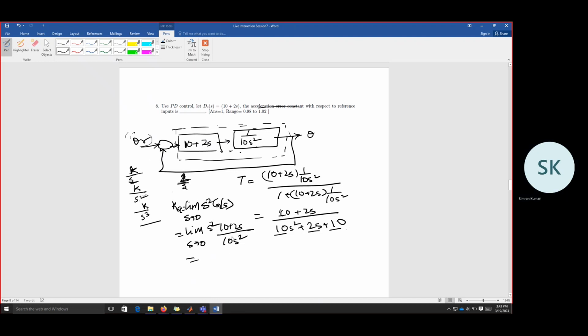So what would it be? This s² cancels and you get (10 + 2s)/10, so if you take the limit, it will come out to be 1. So what is the error? If there is a parabolic input which is being given, the system will try to track this, but there will be an error which will be 1.